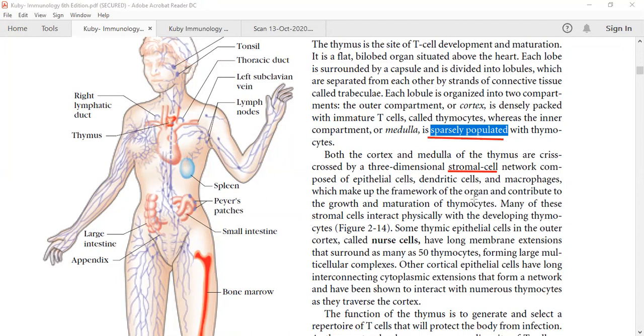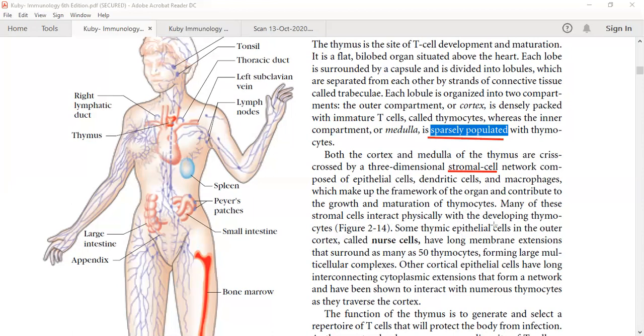They are responsible for the growth and maturation. Many of these stromal cells interact physically with the developing thymocytes. Obviously, they need to interact with the developing thymocytes so that they can teach them that the T cell should not recognize self antigens. Nurse cells we have already covered.